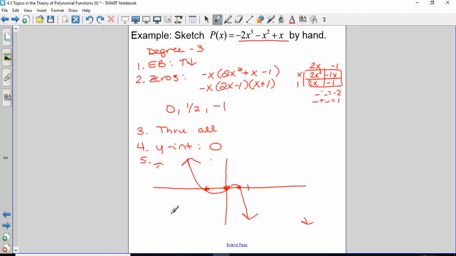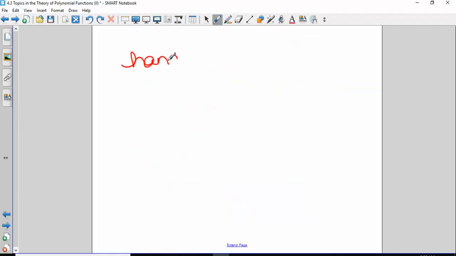For homework, there is a handout posted on Classroom, but we are not going to do all of them. I want to do, on your handout, it's 4.3 day 2.